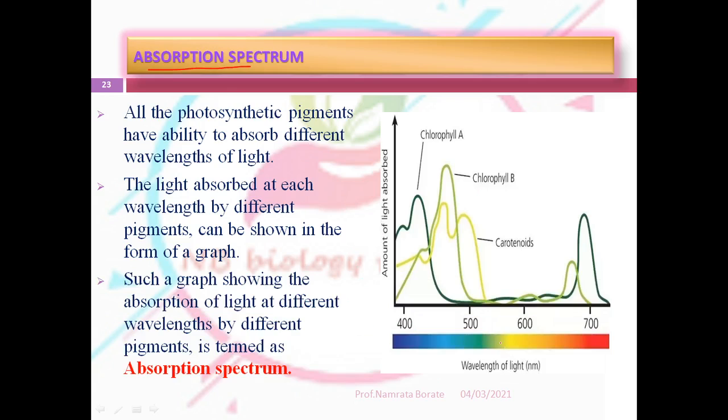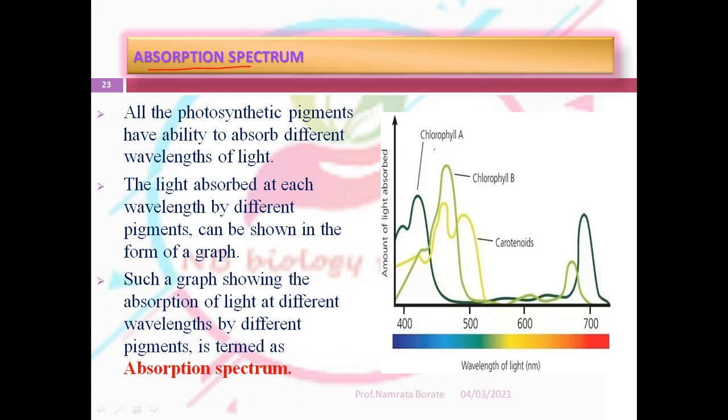All the pigments of the chloroplast, as in the last video we saw the photosynthetic pigments, that is the chlorophyll, carotenoid and the phycobilins, absorb the light quantum or the photon and transfer the energy towards the chlorophyll A. So this chlorophyll A is called the essential pigment.